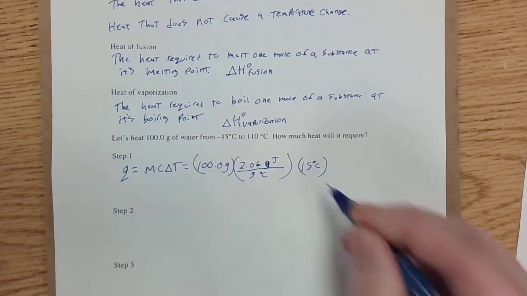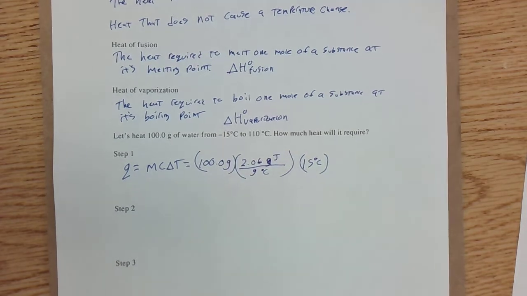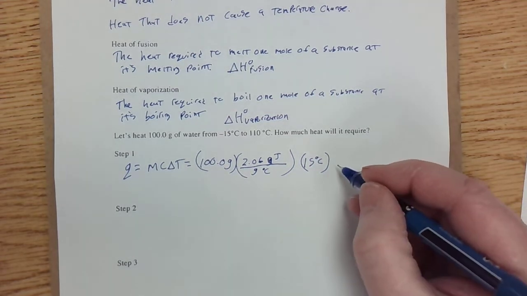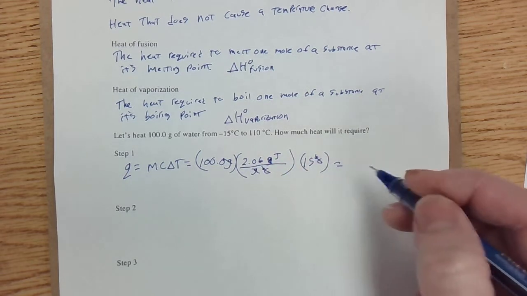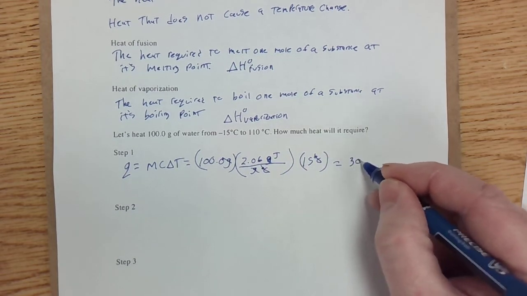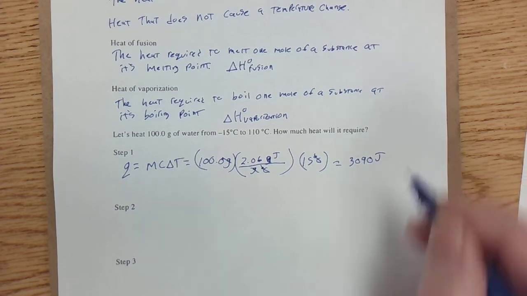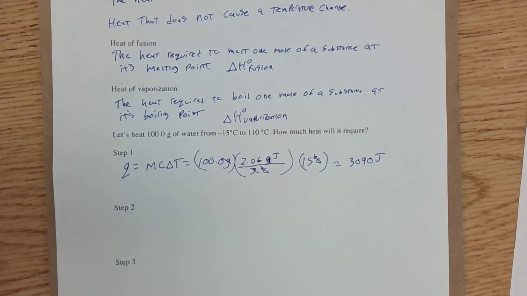And I say 15 because if it's at negative 15, I can only heat it up to 0 degrees, because at 0 degrees, it is going to start melting. And when I run all that through my calculator and I cancel the grams and I cancel the degrees Celsius, this equals 3090 joules.